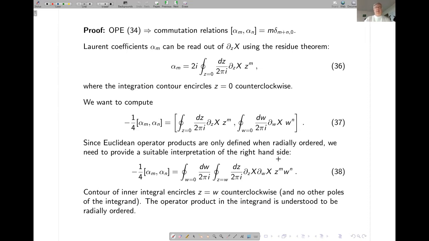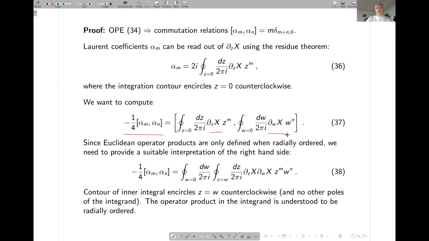And that required us to have some thought about how we would then define commutators. Because in a commutator, we take operator products in two different orders, but we can only make sense of them if they are radially ordered.